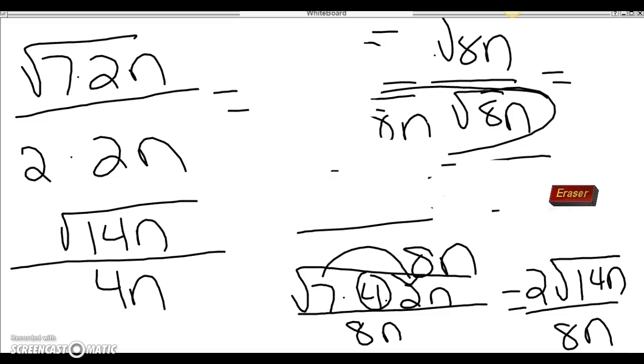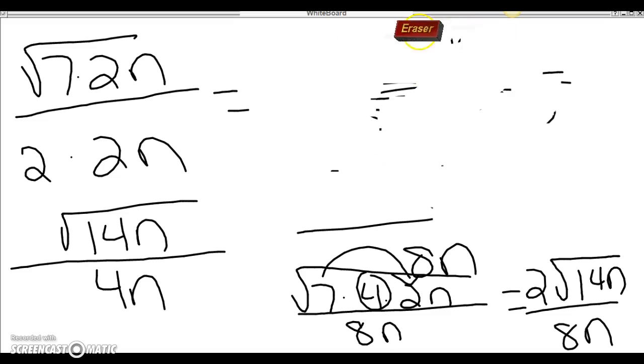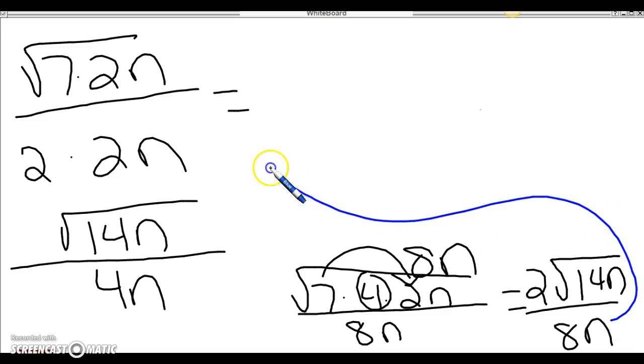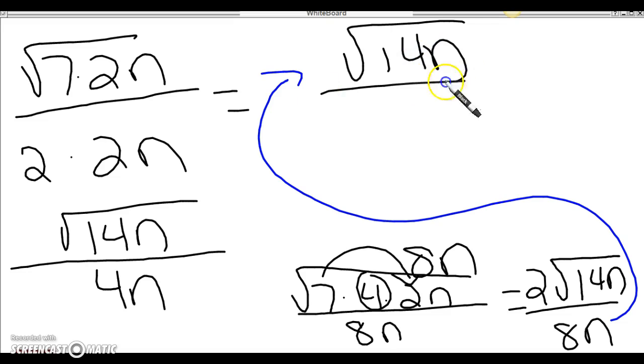Come up here. And when I reduce, I get 2 goes into 8 4 times, so I get the square root of 14n over 4n. So I get the exact same answer. I might have to do a little bit more reducing, so it's your preference.